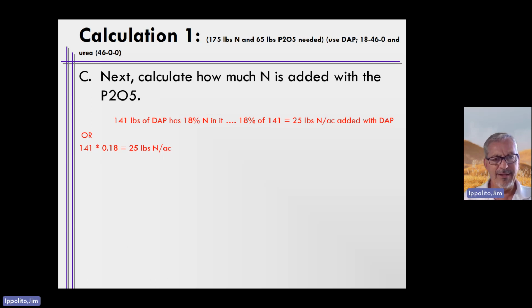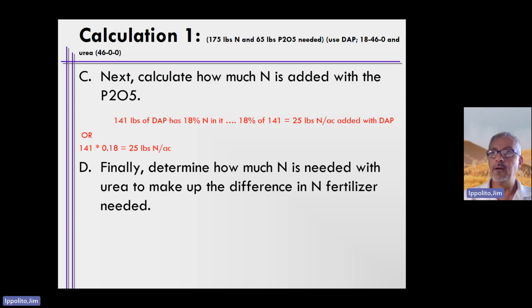Does that meet the nitrogen demand of corn? Look up. The demand for corn in this scenario is 175 pounds of nitrogen, and it should say per acre. So we're short. We're actually short 150 pounds. So finally, what we need to do is determine how much nitrogen is needed with urea to make up that difference.